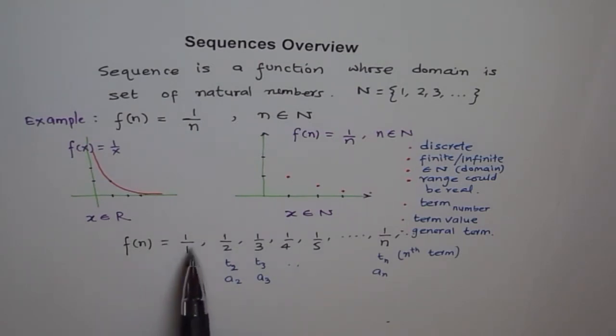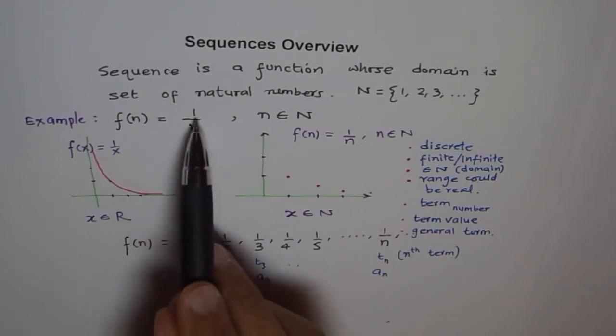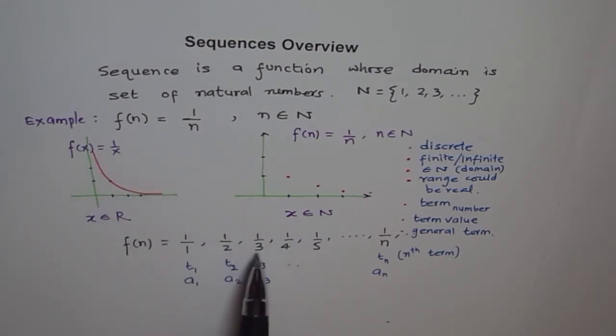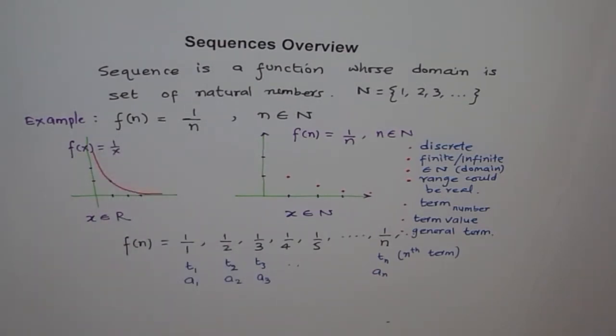Yes. Here you see the numerator is always 1. And the denominator changes, and the denominator is the same as the term number. Term number is 1, denominator is 1. Term number is 2, denominator is 2. So n is the term number. Therefore the function is 1 over n. Do you see that? That is how you can get the relation between the terms and their values.